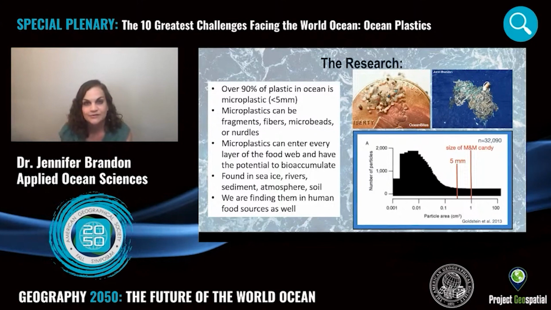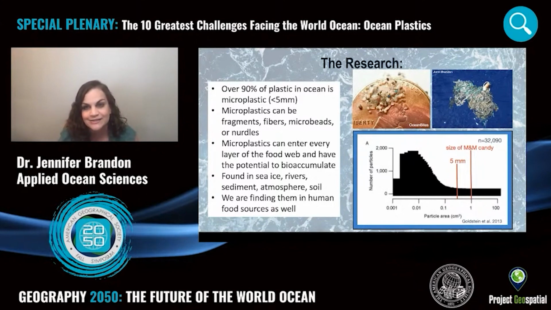So in our lab at Scripps Institution of Oceanography, we counted over 32,000 pieces of plastic from the Pacific subtropical gyre, and we found that over 90% of them were smaller than 5 millimeters. To give you a reference of how big 5 millimeters is, that's half the size of an M&M. So this is really, really small plastic.